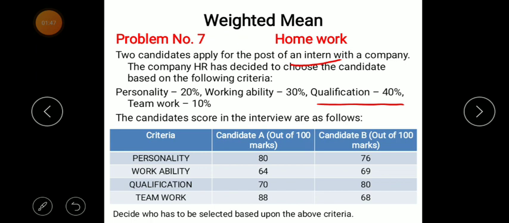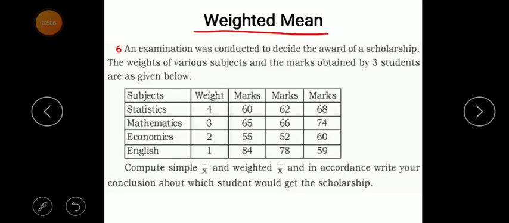That is why he has attached the highest weightage to qualification, followed by work ability, then personality, and lastly teamwork. This is how he has divided his weights. This way you can attach weights to various items whenever certain items are more important compared to other items. So let us begin with finding the weighted mean.